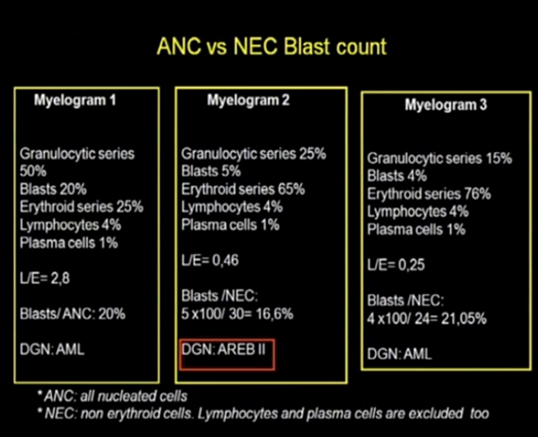That means 5 for 100 divided by 30. 30 is exactly granulocytic series plus blast. It's the number you should exclude in the next context: erythroid, lympho, plasma cell. So, in this case, your blast NEC is 16.6. So, you are in the context of MDS-IB2.